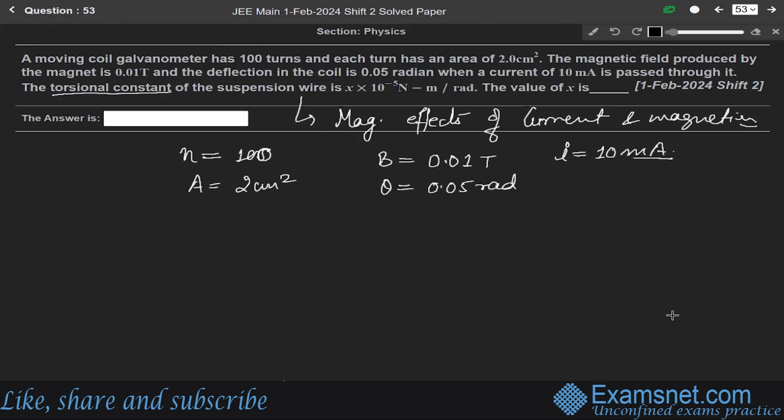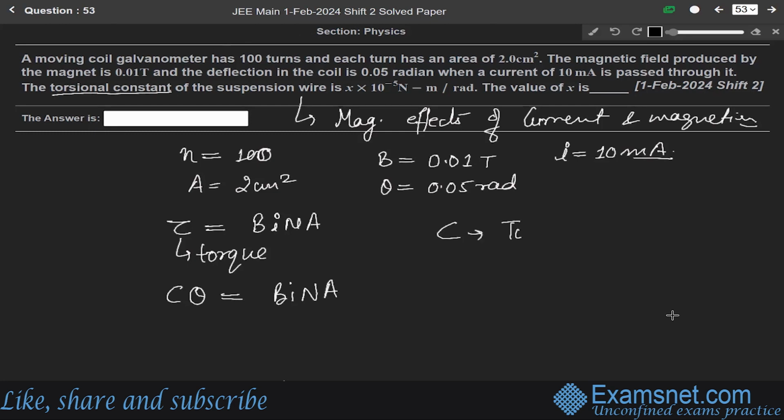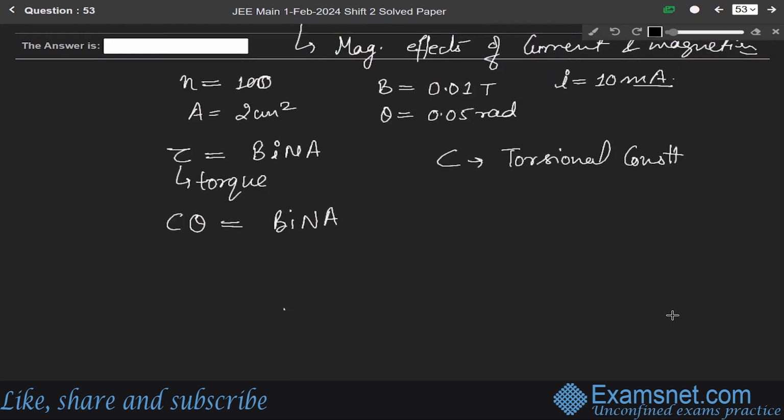Okay, so we know that there is a relation between torque and magnetic field, and it is given as torque is equal to BINA, where tau is the torque, and in terms of the torsional constant we write it as C into theta equals BINA, where C is the torsional constant.